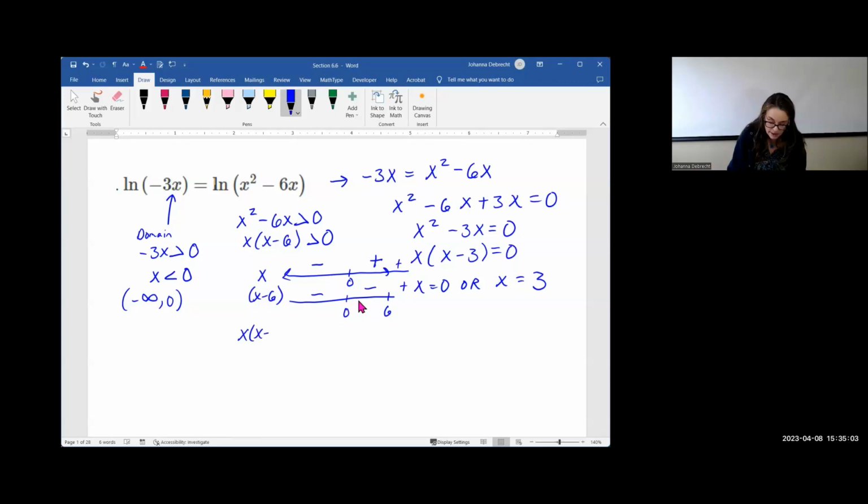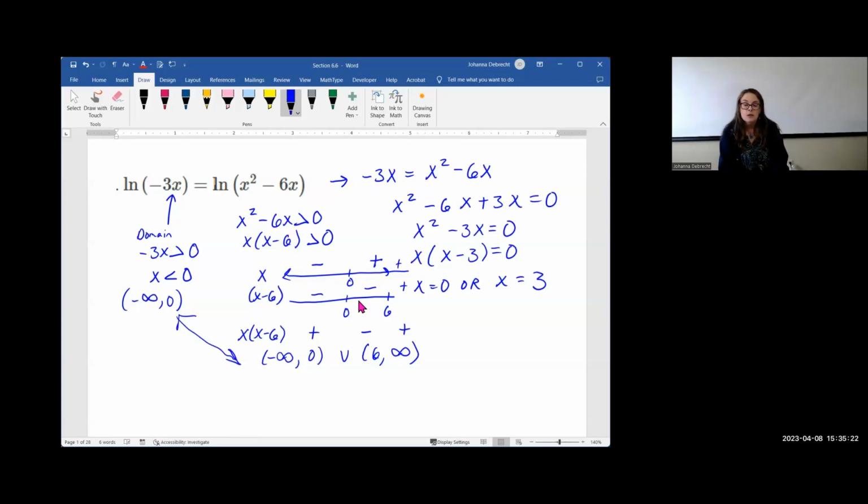And then we multiply the signs together to get a positive, negative, positive. So if I want it to be greater than 0, I can take negative infinity up to 0, union 6 to infinity. But notice that it's got to fall within both of these, which means that it's going to have to be between negative infinity and 0.